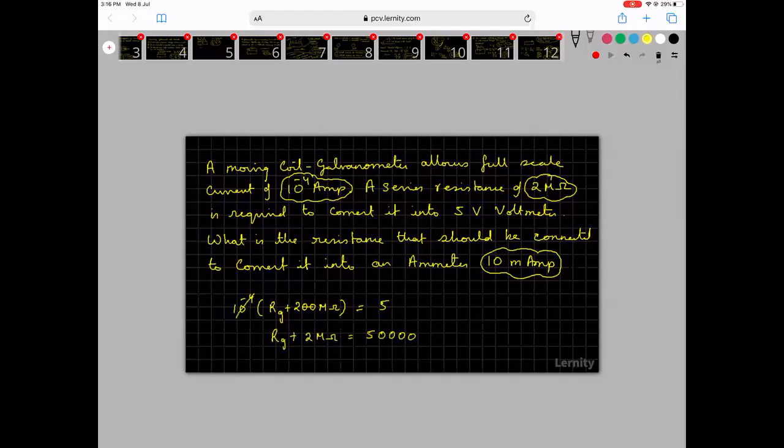Okay. One minute, I'll just check whether it is really mega ohms or what it is. Something seems to be a little error.